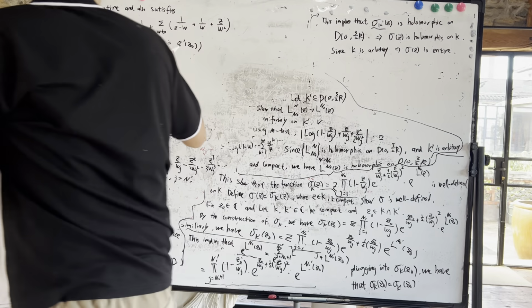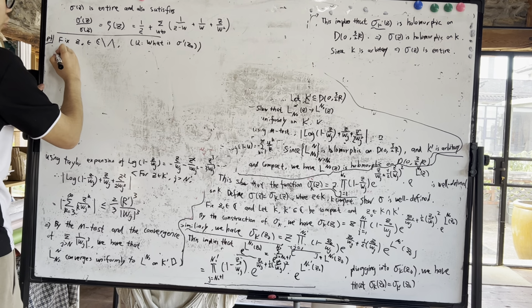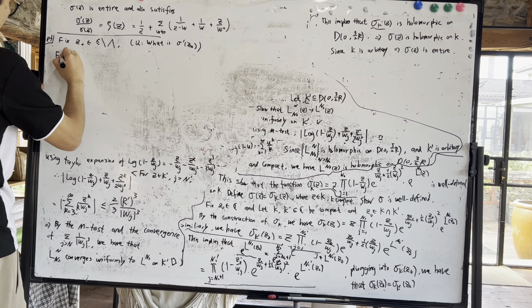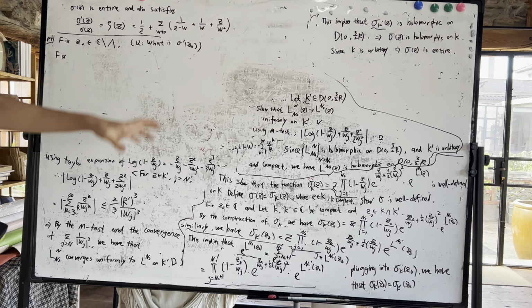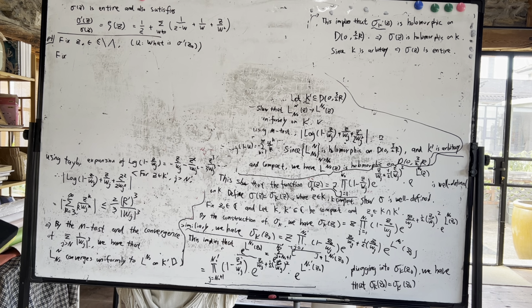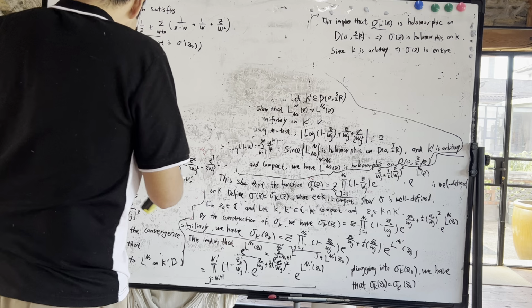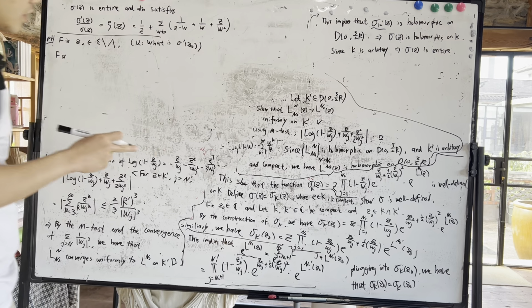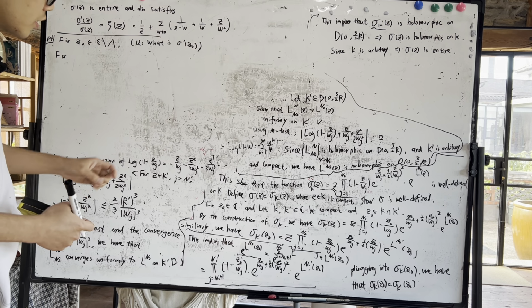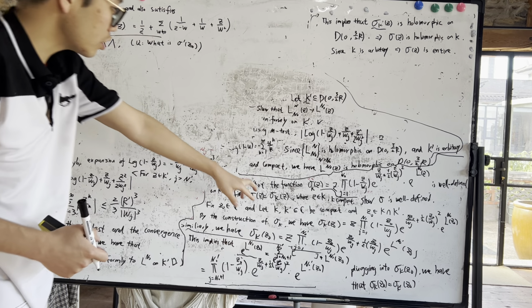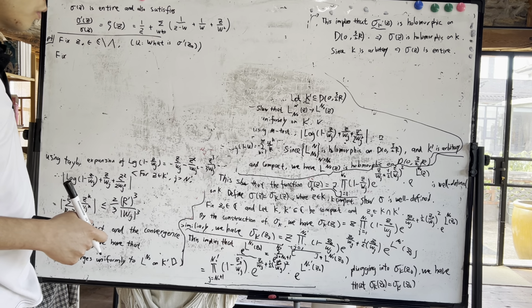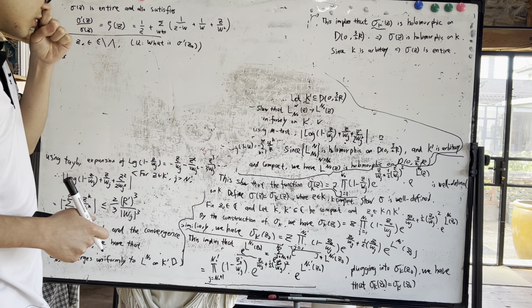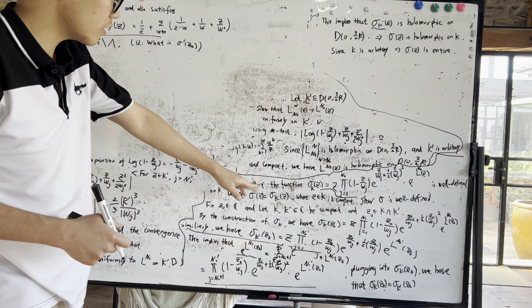What I'm a little bit worried about is this K, because I want to use the argument about taking the derivative of sigma K z.